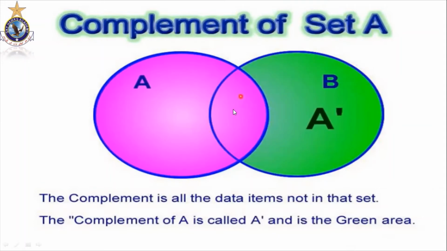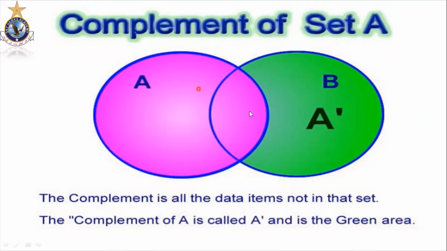Although this portion is also included in B, it does not satisfy the condition that it must not be in A. So we are excluding this common area and getting only the green area. When you make the diagram, you will have to take care of this point: although this area belongs to B, we are excluding it.